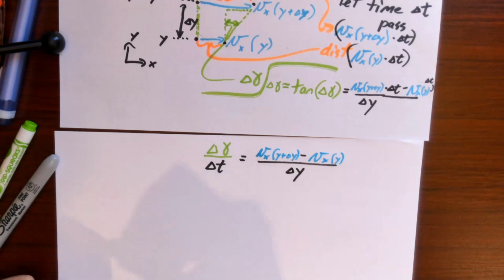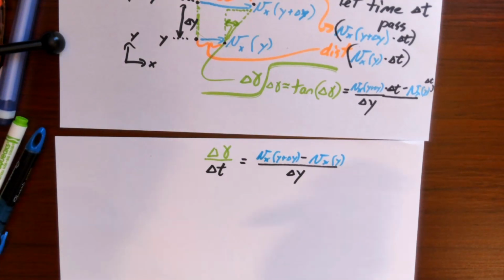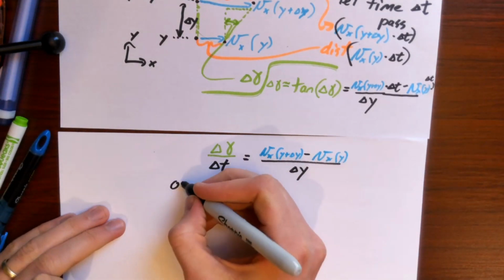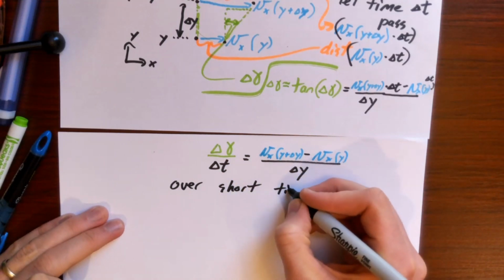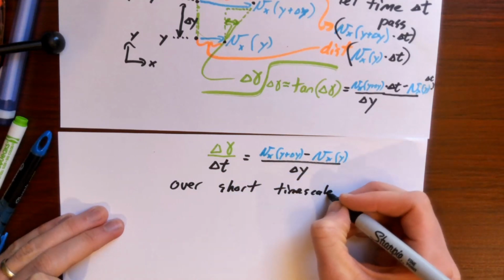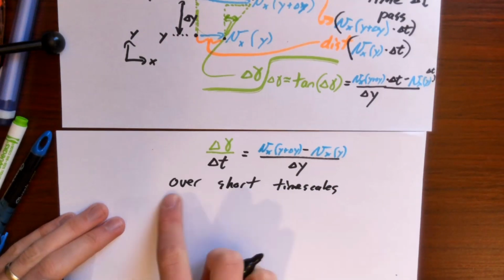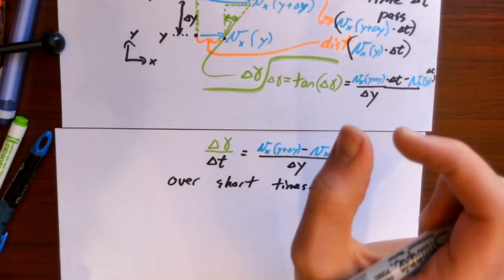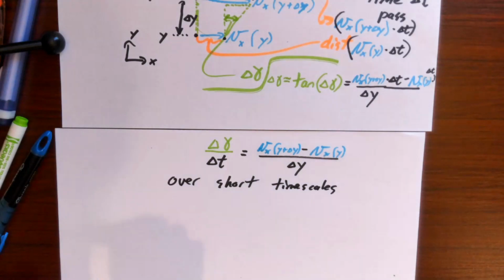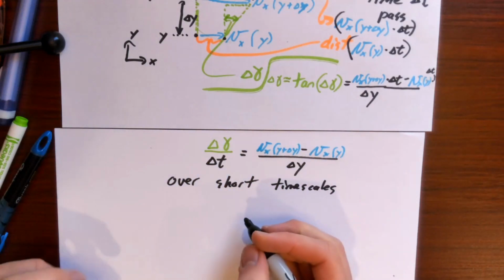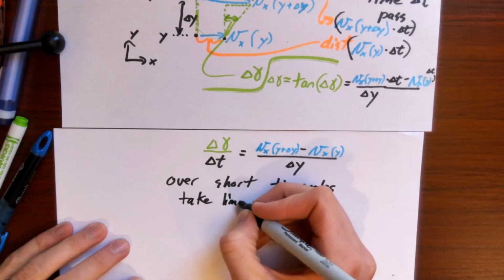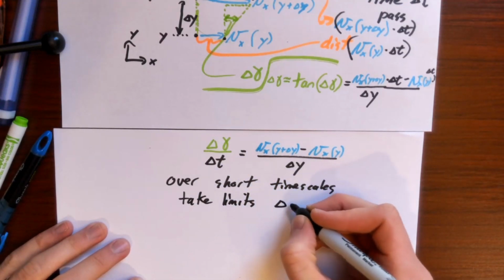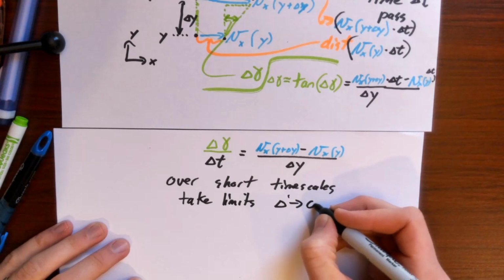So how does that help us? If we imagine short timescales, calculusly small timescales, we can take limits as deltas go to 0.